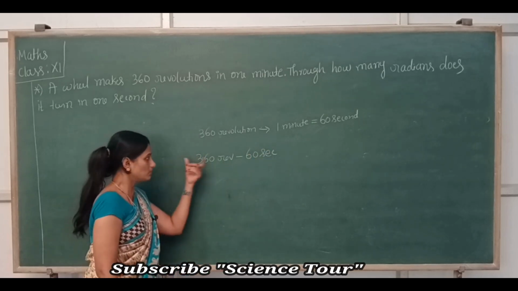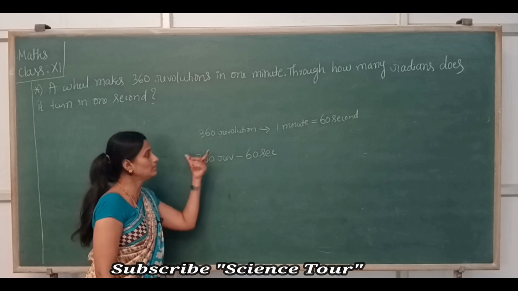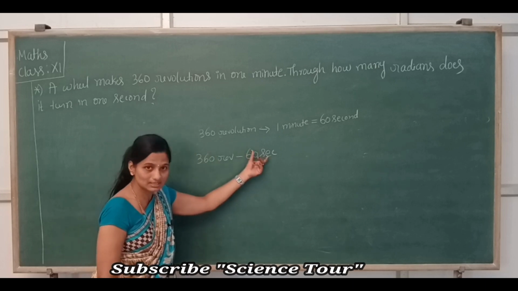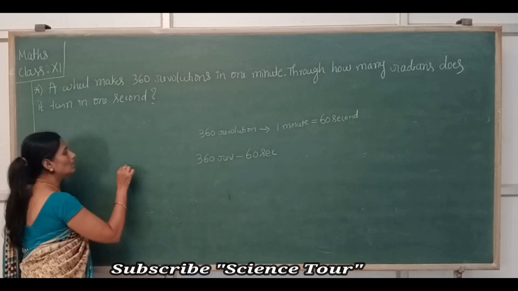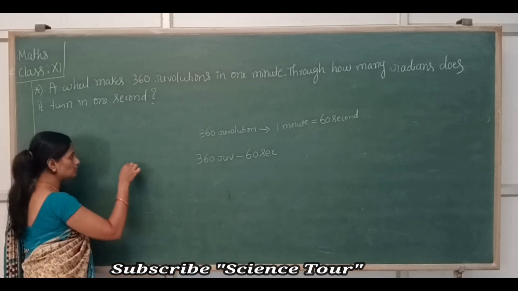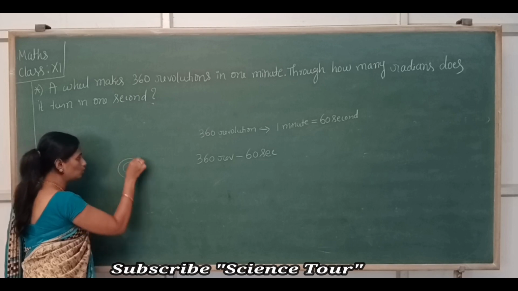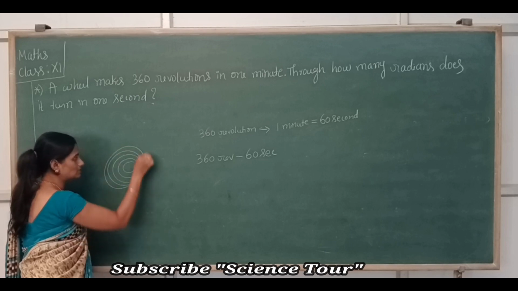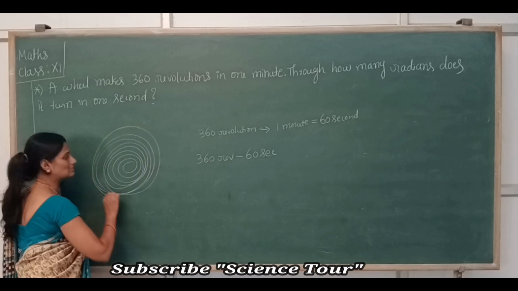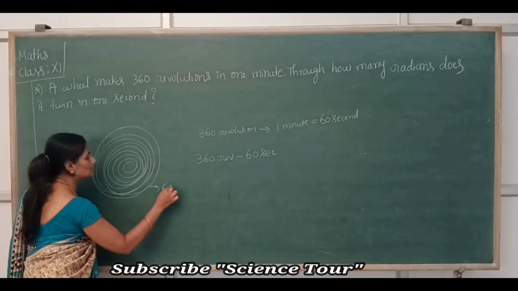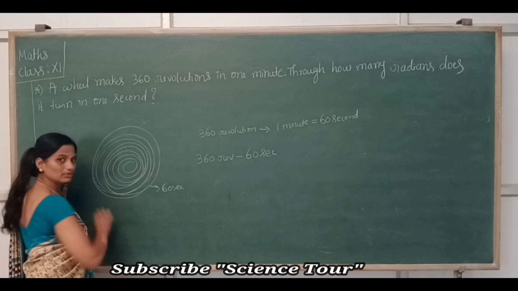Correct? So 360 revolutions for 60 seconds. That means in 60 seconds how many revolutions does it take? Total, this 360 revolutions for 60 seconds.